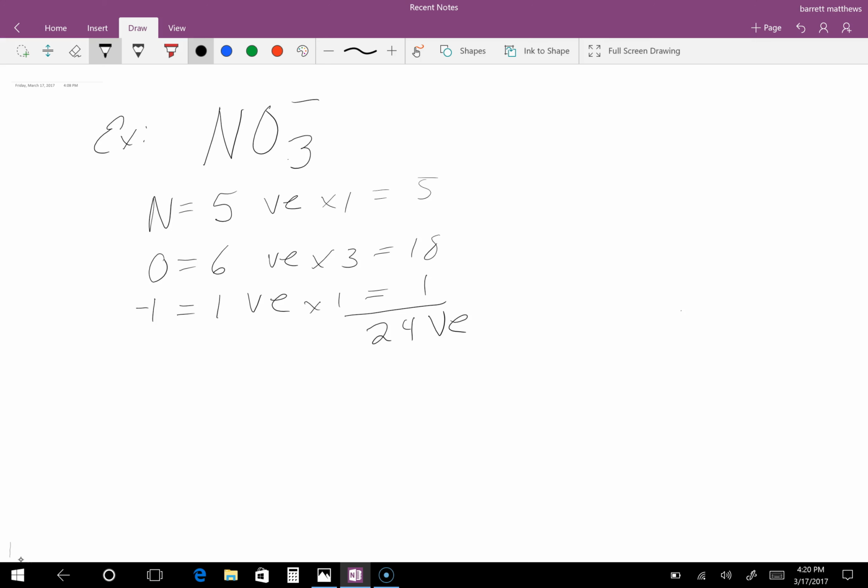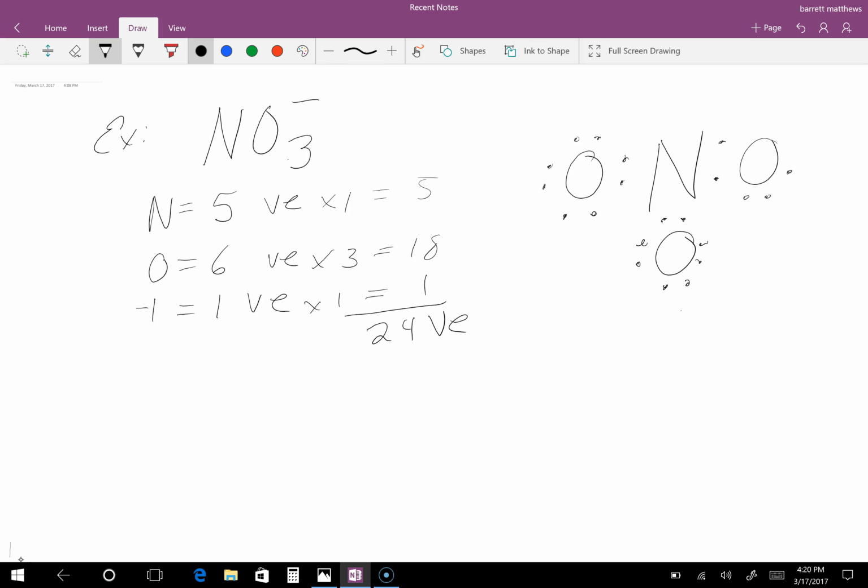So nitrogen is the first element in the molecule, so I will draw it in the middle, and then I will draw the oxygens around it. Next, I will put 2 dots between the central atom and each of the other atoms, and then I will use up the rest of my electrons going around each of the other atoms.